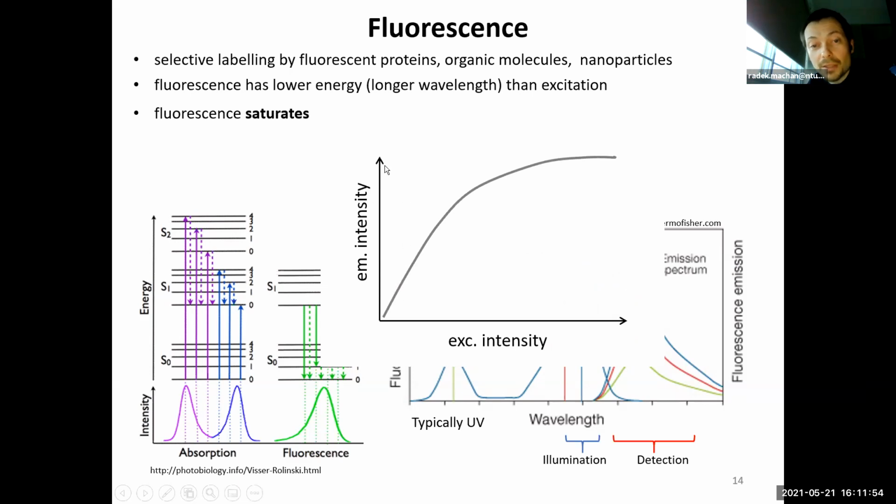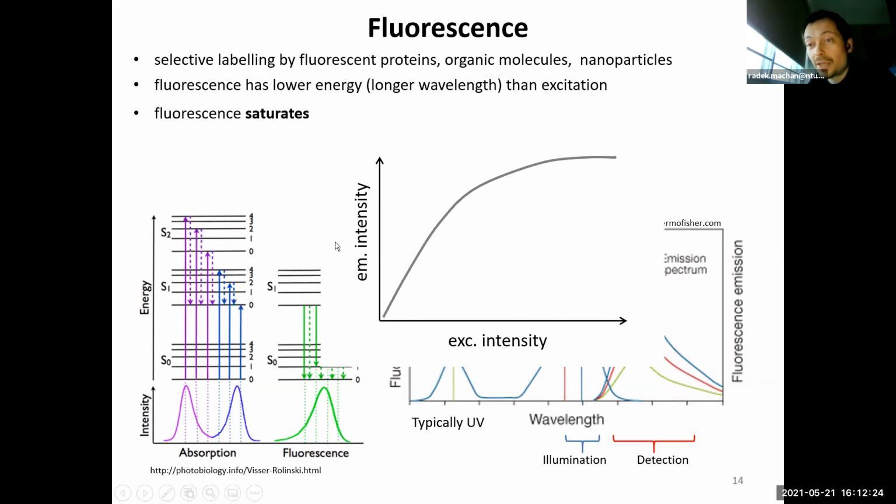for your experiments. So if I measure the dependence of fluorescence emission intensity on excitation intensity, at low excitation intensities it will be approximately linear because the molecules are mostly in the ground state. So if I send more photons, I can excite more molecules or excite each molecule more frequently.